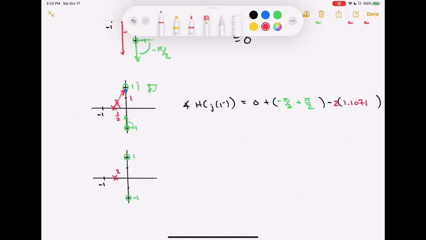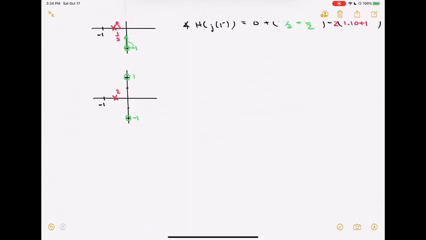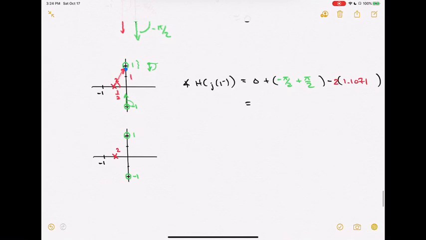So in the end, when I go through all of this here, I end up getting an overall phase. Those first 2 zero contributions canceled one another. The zero didn't do anything. I just get 2 times 1.1071 multiplied by a minus 1. So that's going to be a minus 2.21, which I'm going to also tell you in terms of a multiplier of pi, that's minus 0.705 times pi, something along those lines.